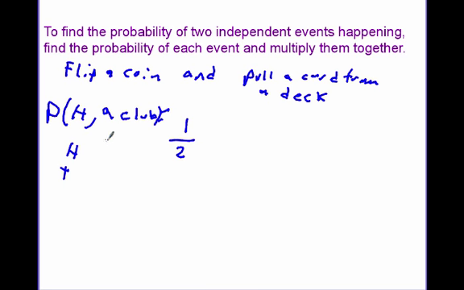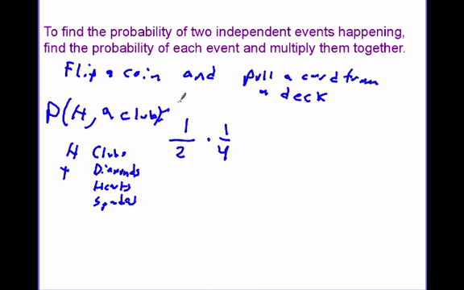Probability of getting a club, well, when we talk about suits of cards, there's clubs, diamonds, hearts, and spades. So 1/4 of the cards are clubs, so the probability of getting a club is 1/4.